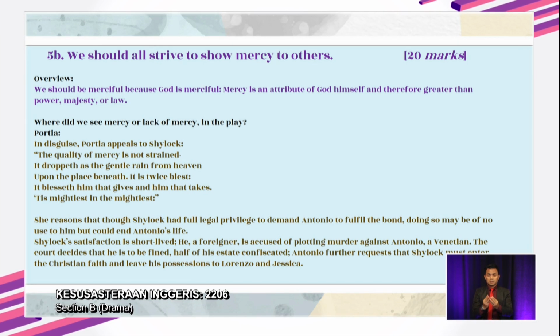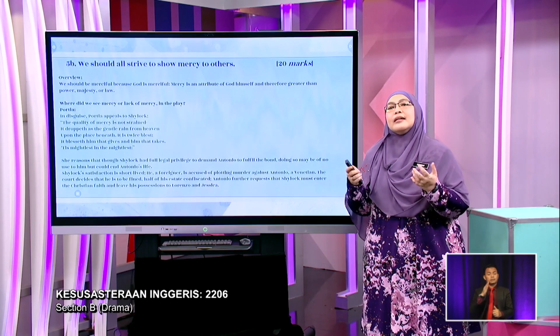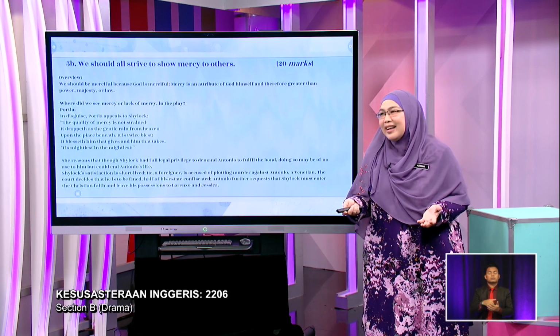He doesn't get his money back, and furthermore, he is accused of plotting murder against Antonio. He is told that he must be fined, surrender his possessions, and even convert to a different faith. So I would put all that into my 20-mark answer.